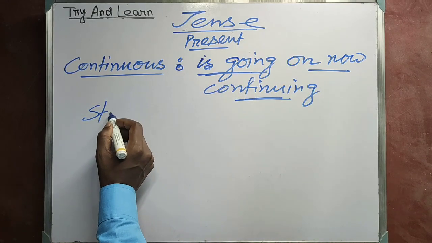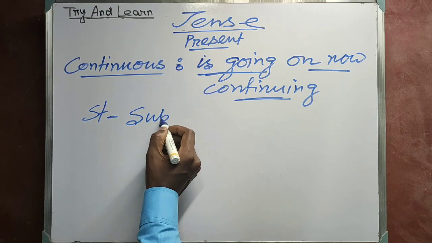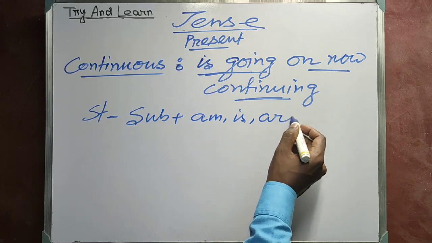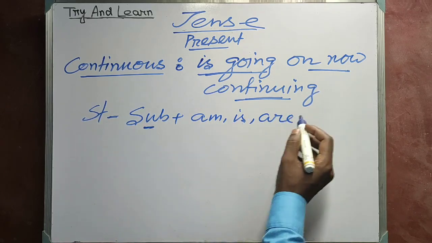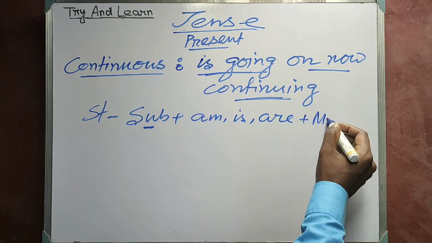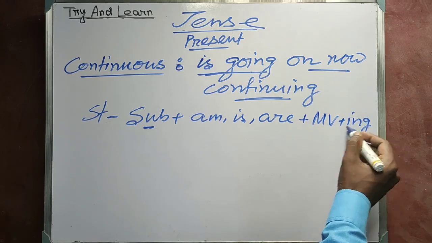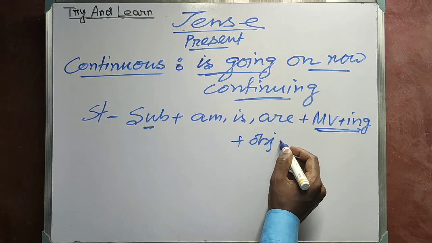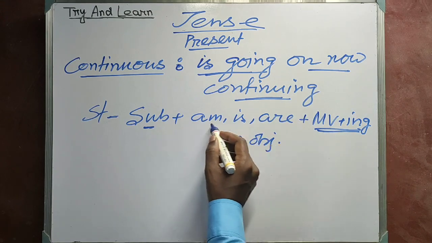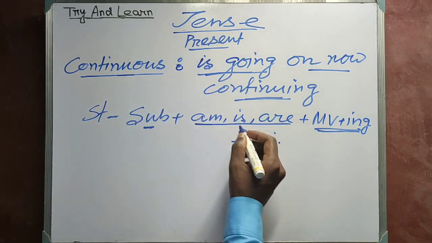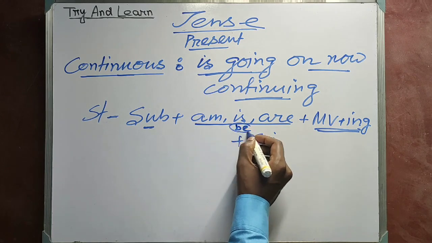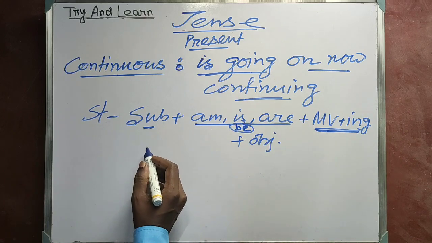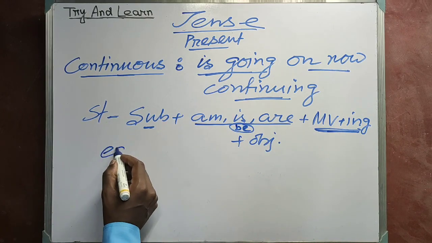The structure: subject plus am or is or are according to the number and person of the subject, plus MV plus ing, main verb with the ing form, plus object or complement. Remember, in continuous tense this be verb is used according to the tense and main verb is used in ing form.